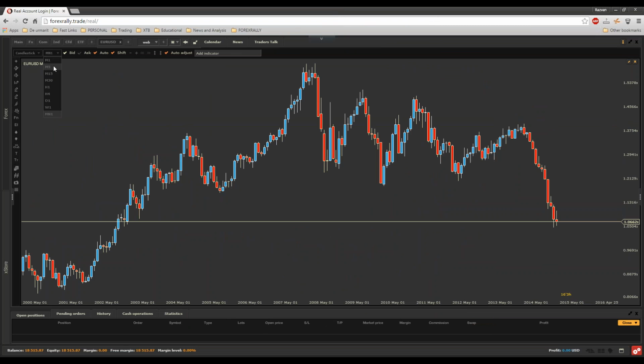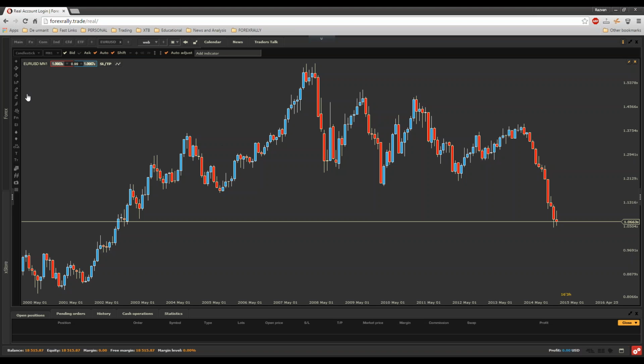Or you can go with M5, 5 minutes, 15 minutes, 30 minutes, 1 hour, 4 hours, 1 day, 1 week, and 1 month. You can find different types of time frames. You can find even 8 hours or 20 minutes or 25 minutes. These are actually custom time frames. The most common are these ones from M1 to 1 month.